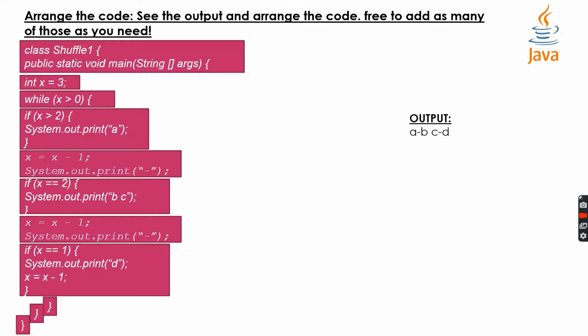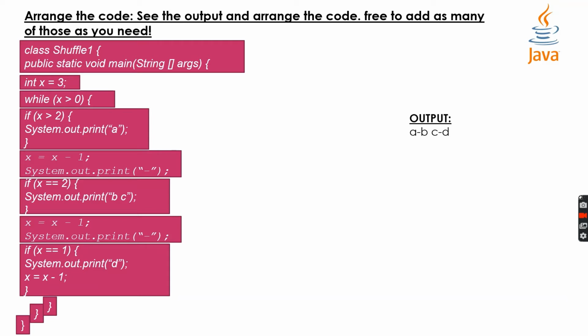That's x equals 3, so x is greater than 2. So System.out.print, the variable a is printed, so in the output you can see a. And then we decrease x by 1. Now System.out.print is printing the dash, so x is decreased by 1 and we are printing the dash.